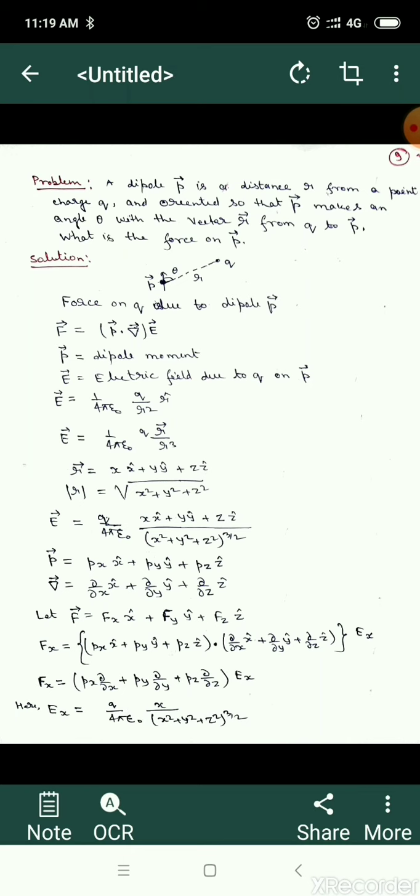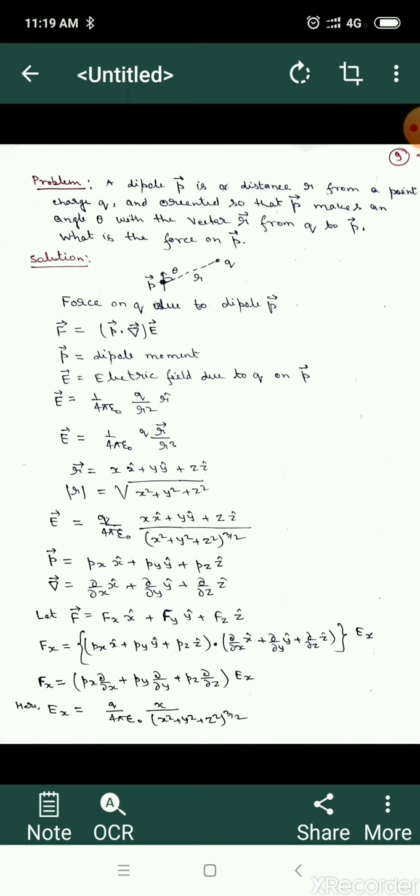Fx is equal to px dot del, bracket close, then Ex, that is px del over del x plus py del over del y plus pz del over del z. Here x unit vector, y unit vector, and z unit vector become 1, that is why Fx becomes px del over del x plus py del over del y plus pz del over del z, Ex.